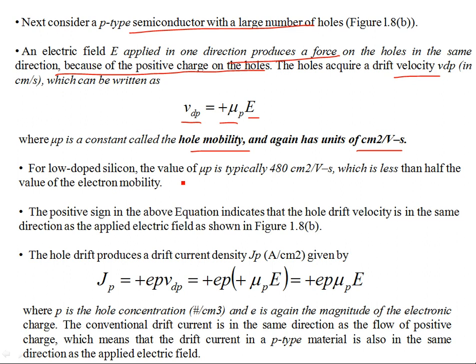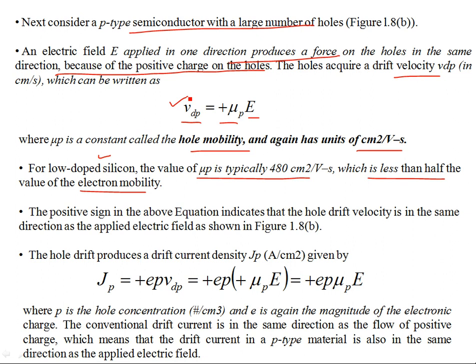But the low-doped silicon has a typical value of 480 centimeters squared per volt-second, which is less than half of the value of electron mobility. So electrons are more mobile in typical low-doped silicon, the same material. This is one thing to notice: for a small electric field, if you go on increasing it, you get more drift velocity, and compared to holes, electrons are more mobile.